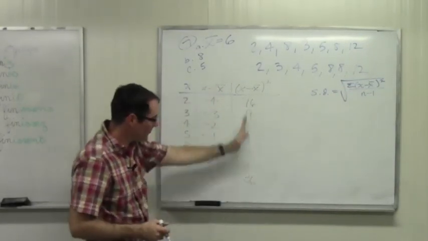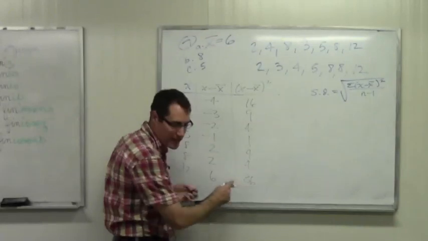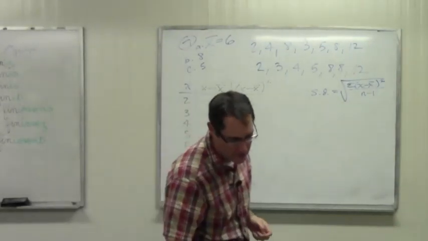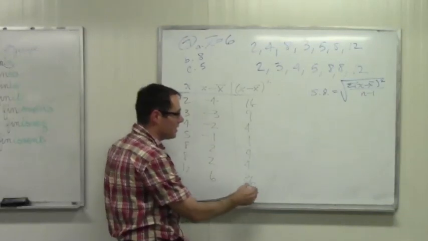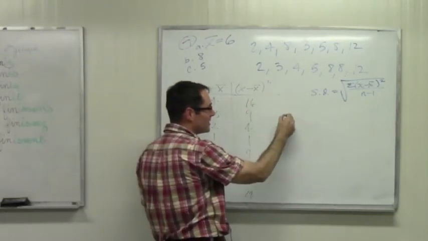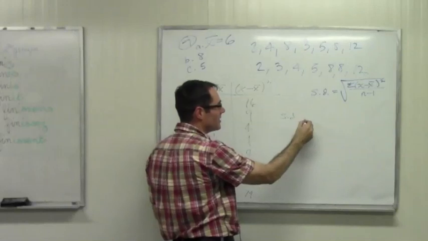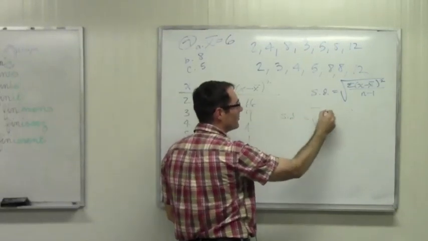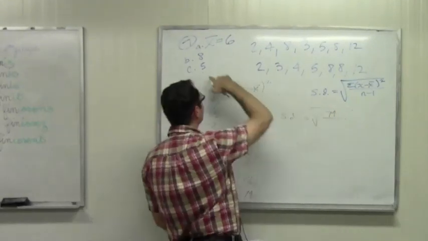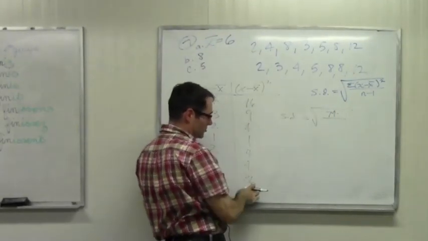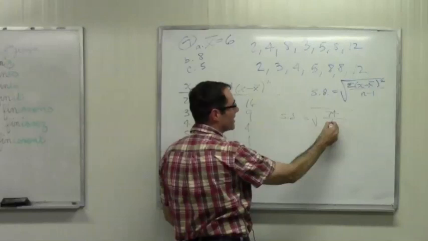So we add them all up, and we get 74. All right, 74. And now we can start plugging in. The standard deviation equals the square root of 74 divided by n minus 1. 7 minus 1, because there's 7 total ones here. 7 minus 1 is 6.